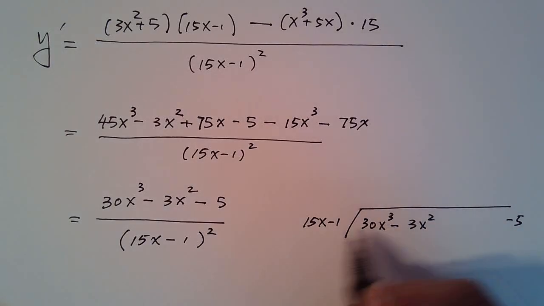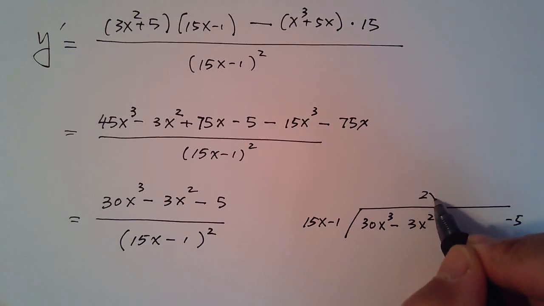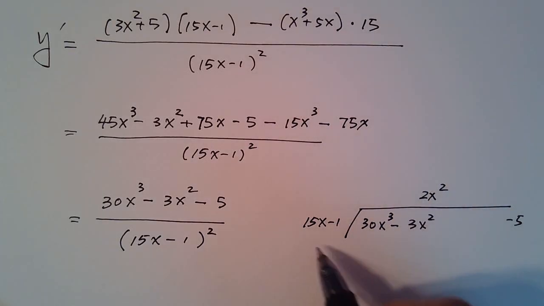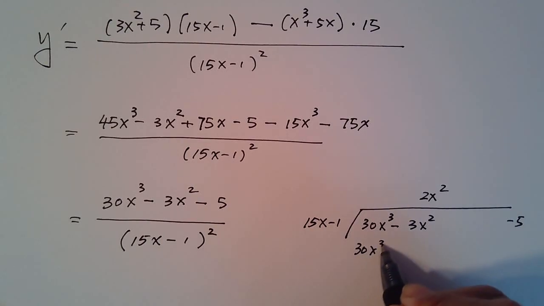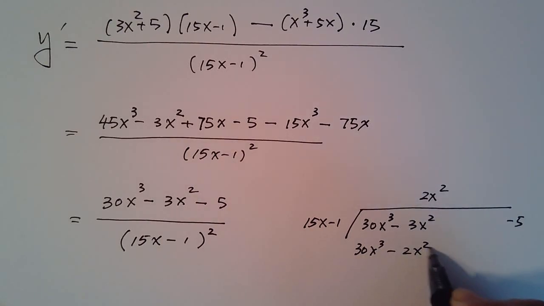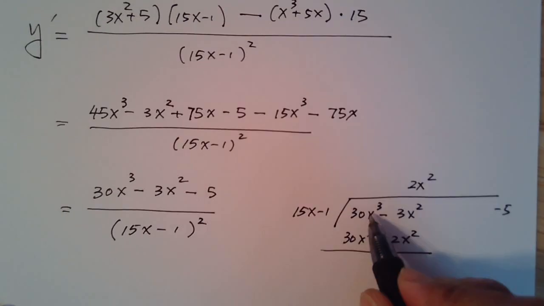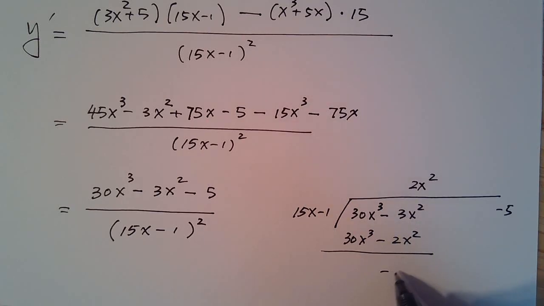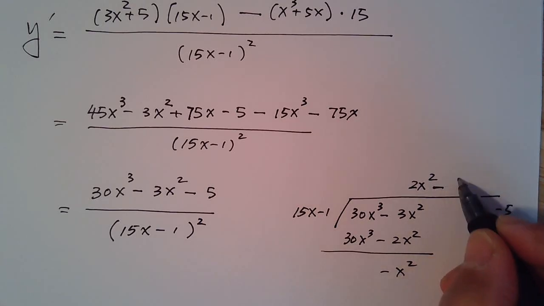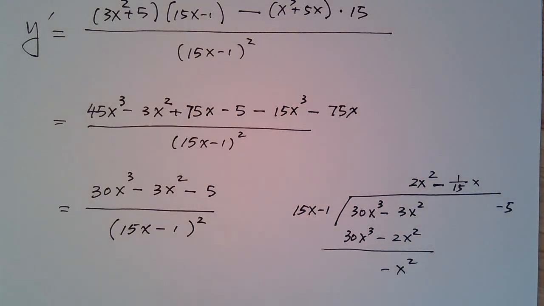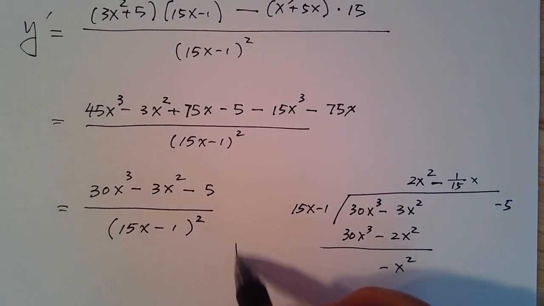So 30x cubed over 15x, you should have 2x squared, right? So 2x squared times 15x minus 1, you get 30x cubed minus 2x squared, and then subtracting this minus that, you get negative x squared. So then next you should have negative 1 over 15x. So until now you don't need to go any further. So that would be your answer.